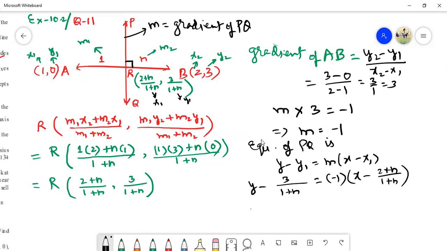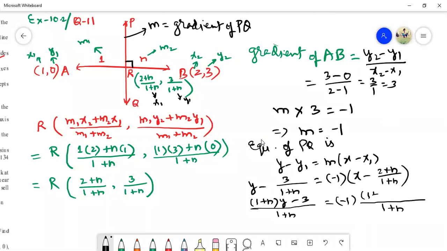Now take the LCM here. LCM is 1 plus n. So 1 plus n into y minus 3. Here also the LCM, leave this minus 1 and we can take the LCM, 1 plus n.